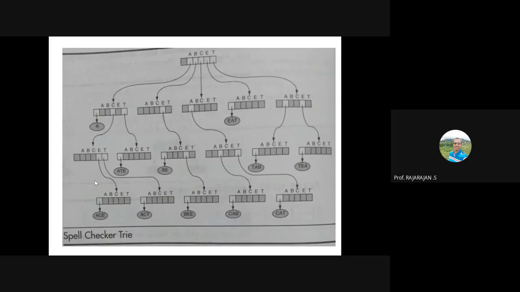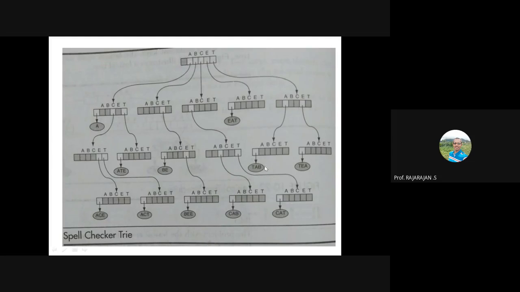One more point I need to add. For example, I want to search for, let's say, ECA, something like ECA. Actually, you may have those letters in the dictionary, but they are not connected.